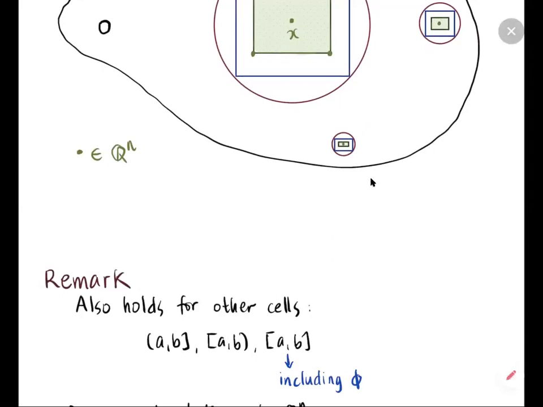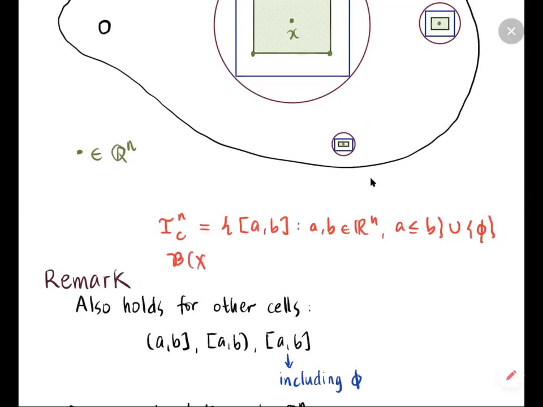So for instance, if we denote, let's say, by IC n the set of all closed cells [A, B] such that A and B are in Rn, A is less than or equal to B, and let's say we combine this with the empty set, then the Borel sigma algebra on Rn can be generated by the closed cells, including the null set.